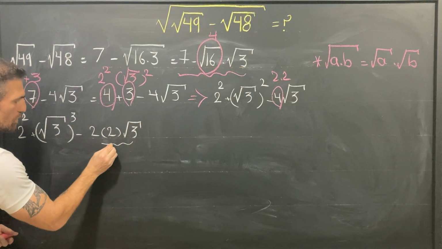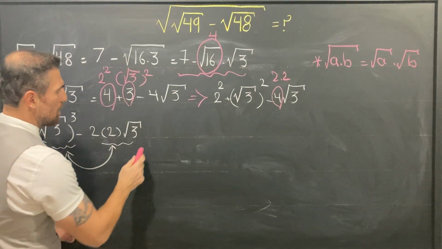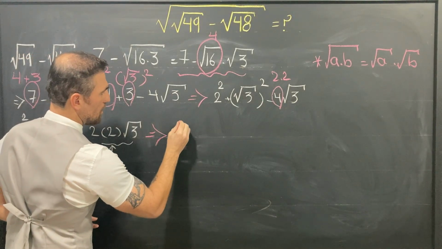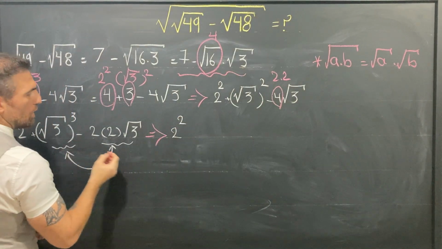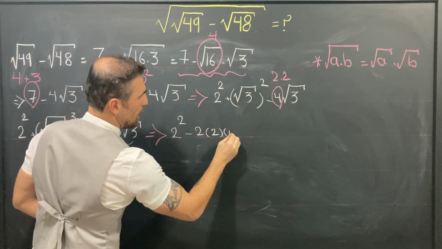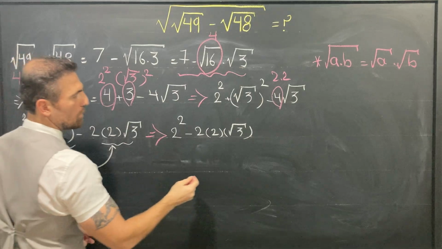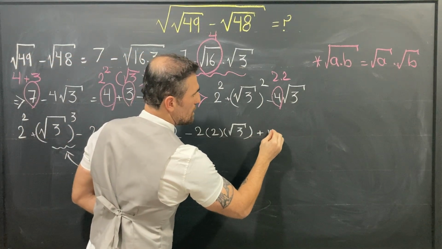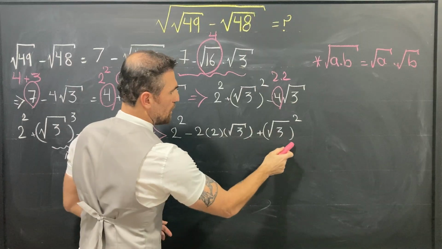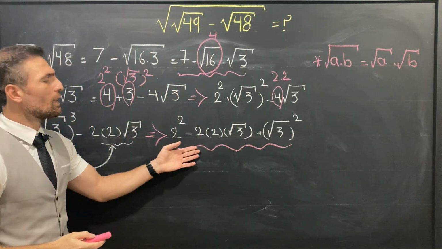I'm going to change the place of this term and this term. So it's going to be 2 squared minus twice the product of 2 and square root of 3 and square root of 3 squared. But what is this? Now, I'm sure you all can guess.